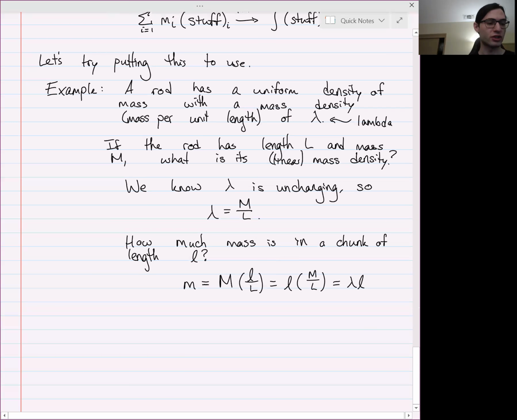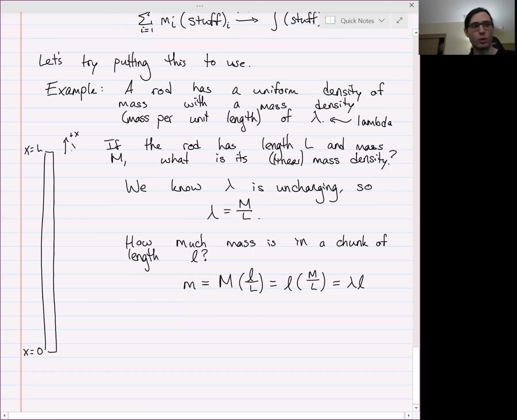Now let me just draw a picture to illustrate. So here's our rod. Let's just call this position down here x equals 0. And hence this position would be x equals L. We're going to have x running up, plus x. Again, that's a coordinate choice.